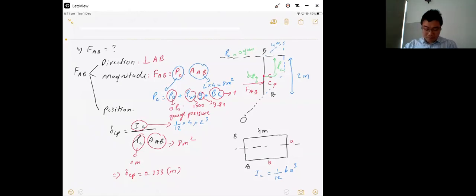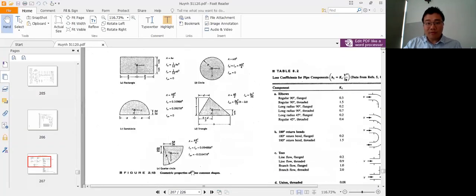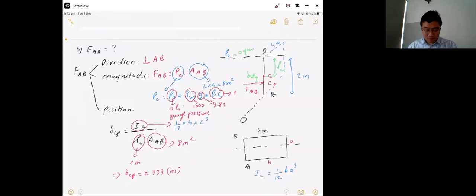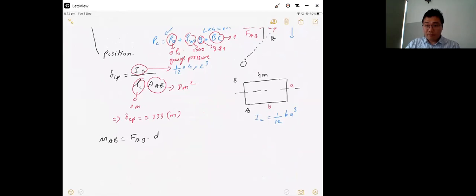Okay. Got it? Which one is A? Which one is B? Yeah, short side power 3.